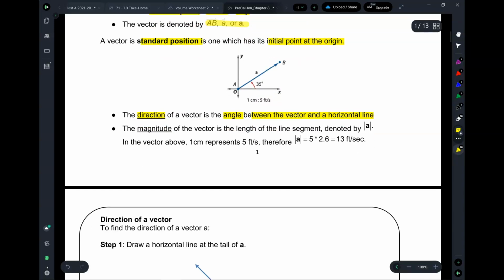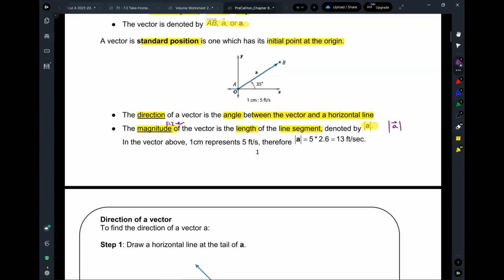The magnitude of the vector is the physical length of the line segment, and the symbol for that is with the bars. So if you were to write it, this would be the magnitude of the vector. It's the size of the vector. If you were to take a ruler and measure this, that would be the magnitude of the vector.